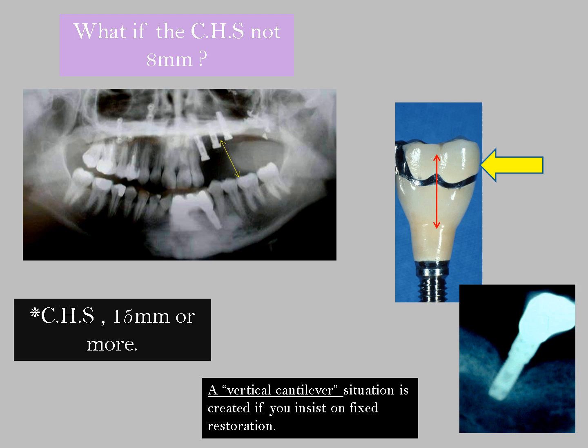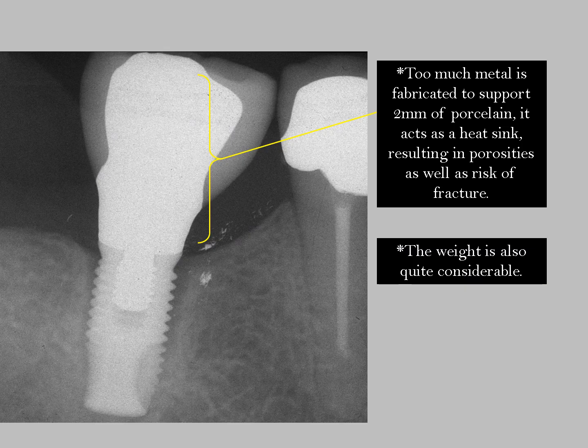As we know, in the manufacture of a cement retained crown, if you have a huge amount of metal it will go for porosity, and if you have a huge amount of porcelain, it will go for cracks in the porcelain. So we can go for screw retained. So there are two options for screw retained: too short crown height space or too long crown height space.